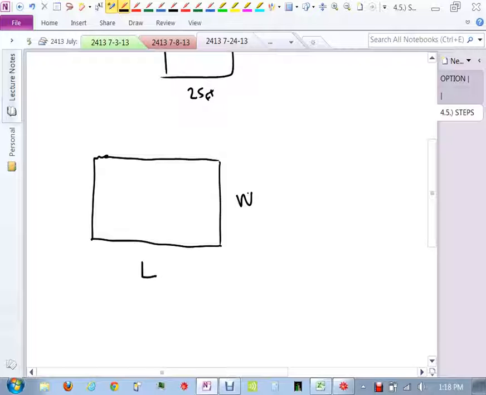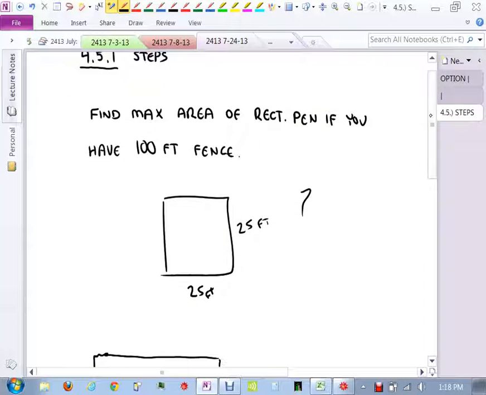So I've drawn a picture, I've introduced some notation. Determine the variable to be optimized. What do they want optimized? When we talk optimization, think maximum, minimum. What do we want the max or minimum of here? We want the maximum area, right?